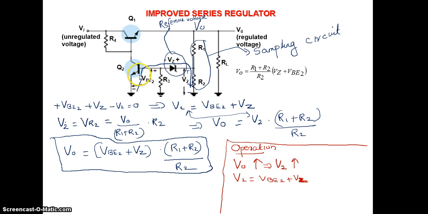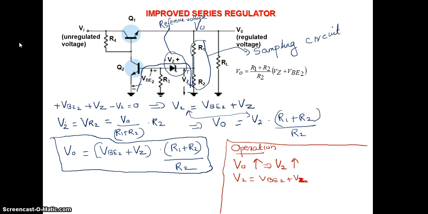VBE2, the base to emitter voltage of this transistor, is increased means this transistor will conduct more. If it conducts more, it will pass almost all base current away from transistor Q1. So Q1 will conduct less. Less means output voltage tries to decrease because it will pass less voltage only to the output. So that way it will maintain the constant output voltage.